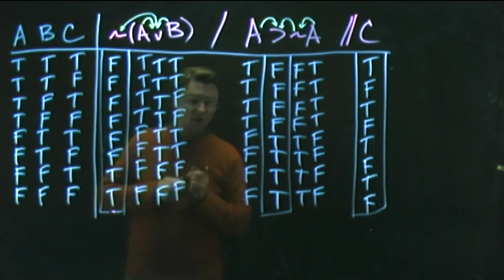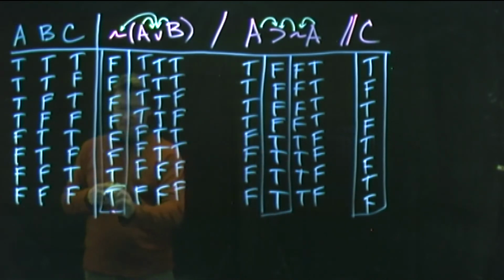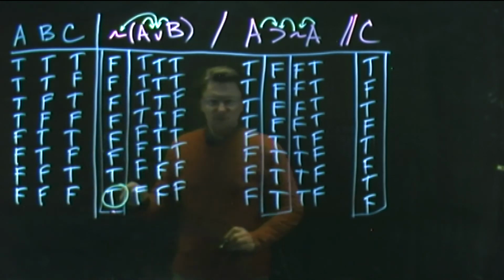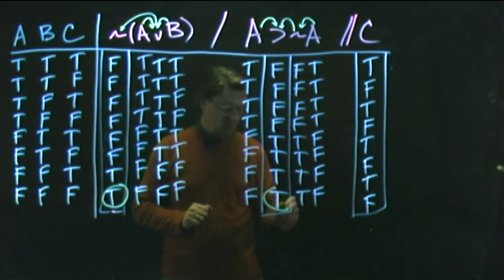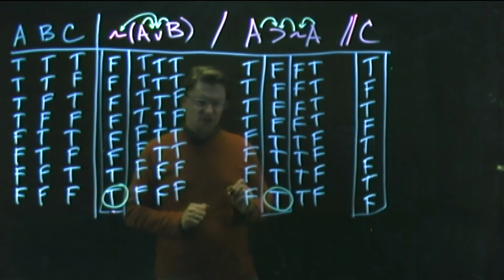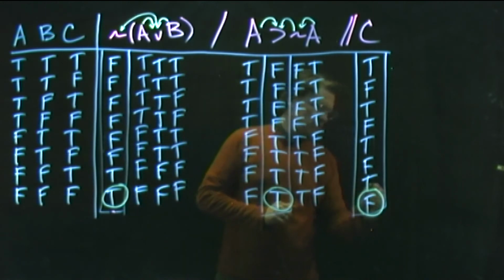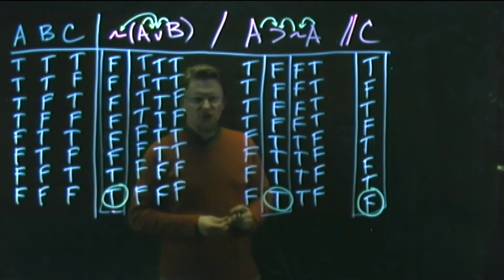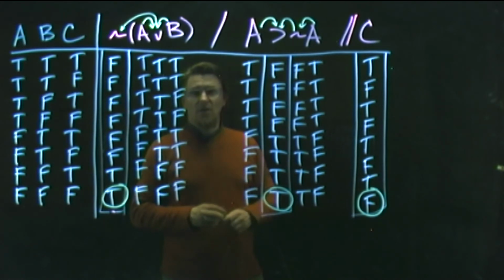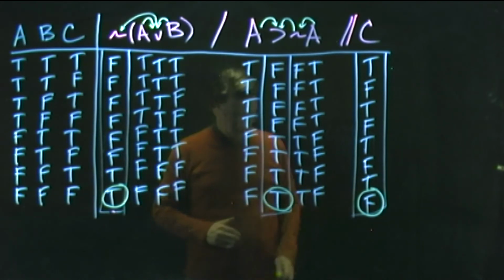And in the eighth row, look at what we have. The first premise is true. The second premise is true. And what do you know? The conclusion is false, right? So we have all true premises and a false conclusion.